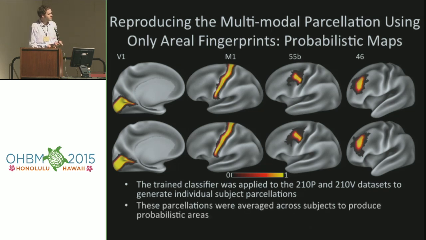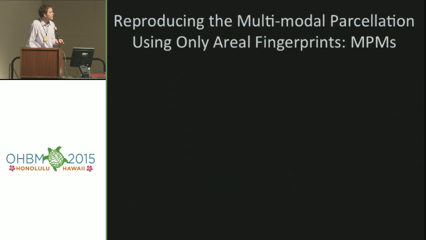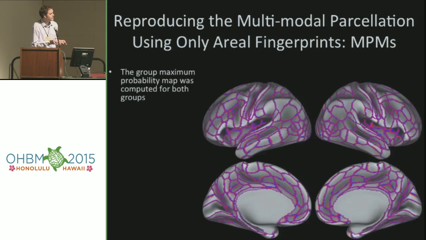And here, once we've generated those individual subject parcellations, we've averaged across subjects to produce probabilistic areas. We can reproduce the multimodal parcellation at the group level very well as well. So these are group maximum probability maps. You heard about those from Simon already, for the 210P and 210V groups.